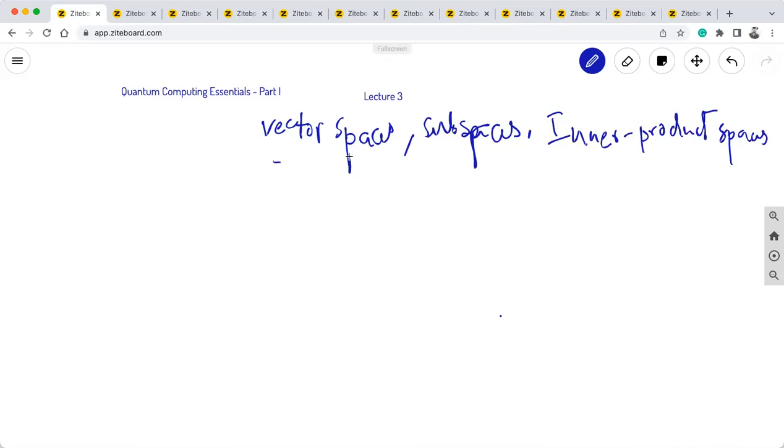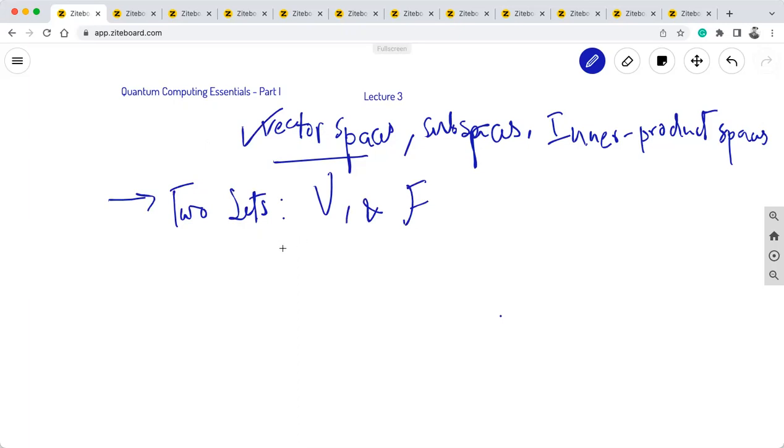Regarding vector space, there are 4 things. First I will be discussing vector space. A vector space has 4 things: 2 sets, let's say V and F, and 2 algebraic operations.